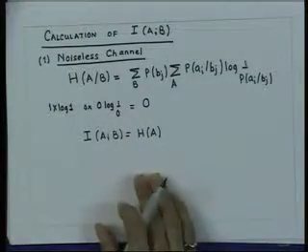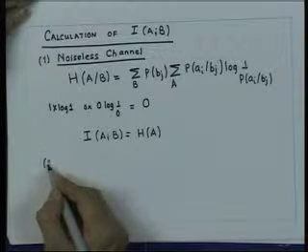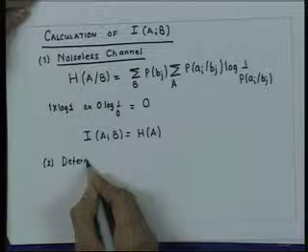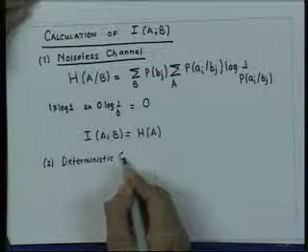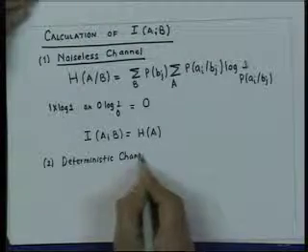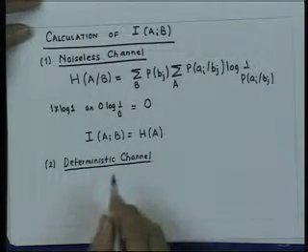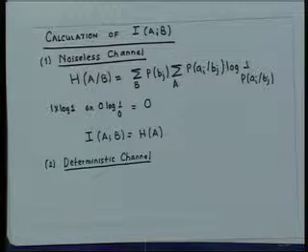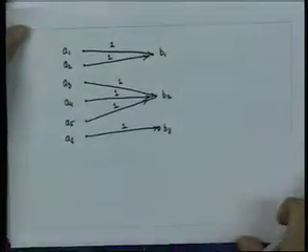Now, let us look at the calculation of I A B for deterministic channels. The example of a deterministic channel is shown here.